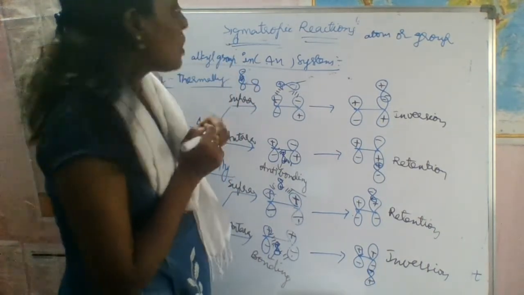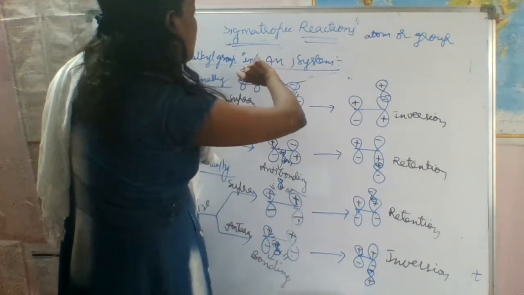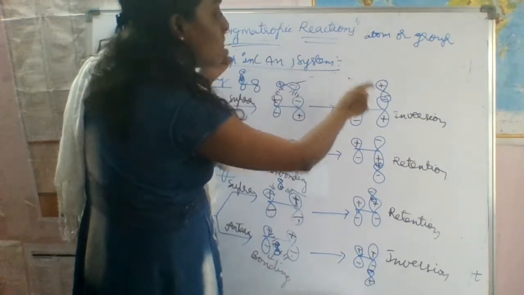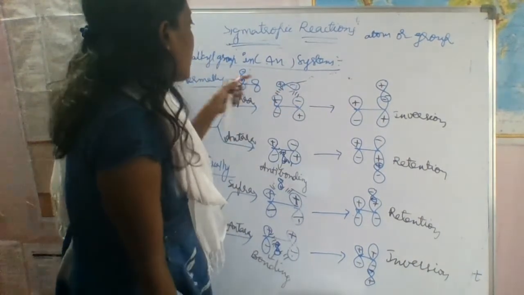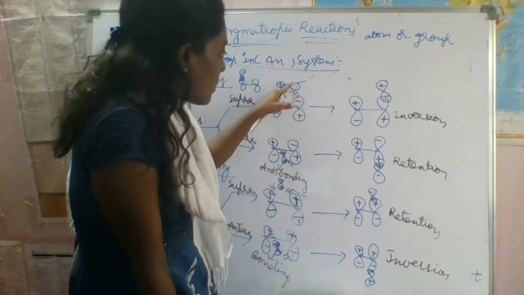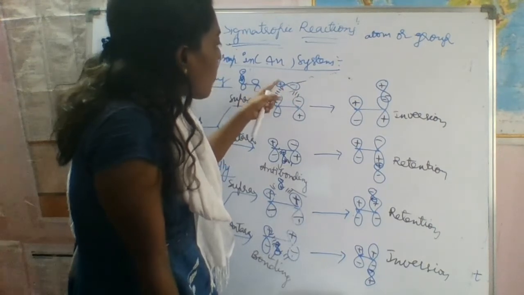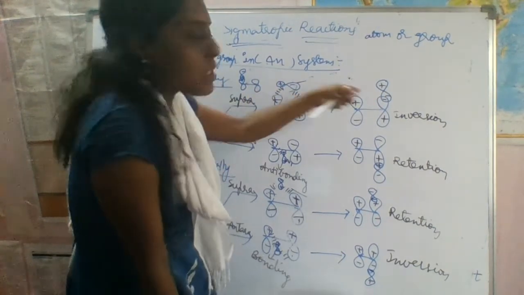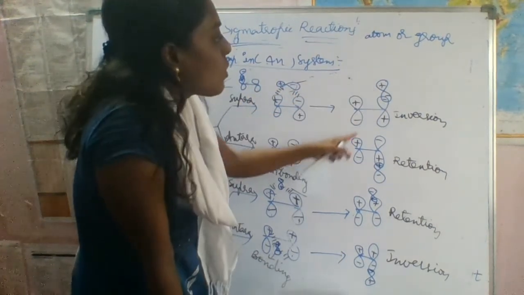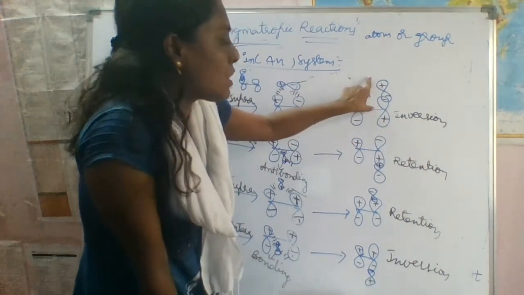After shifting, this group gets the reverse direction. Here plus is there, here minus is there, and it forms the bond between, but this one gets reversed, right?